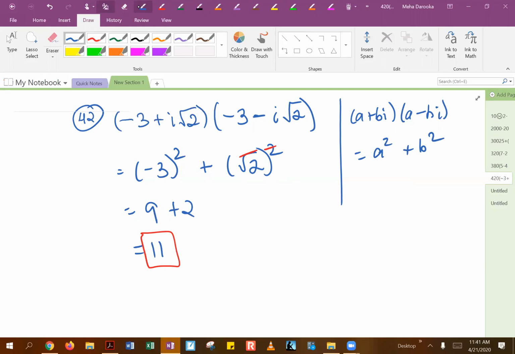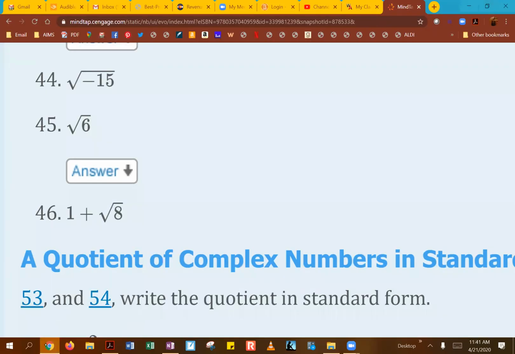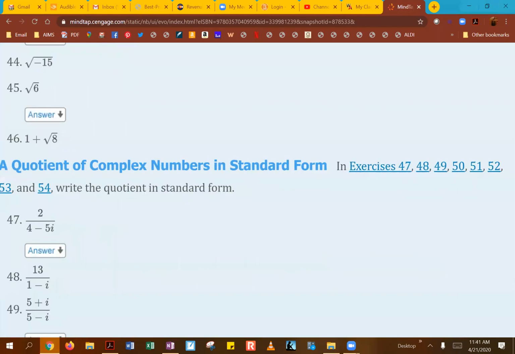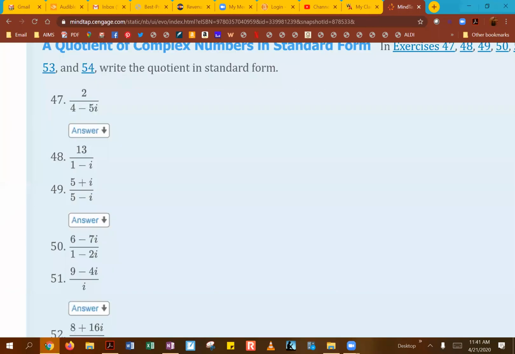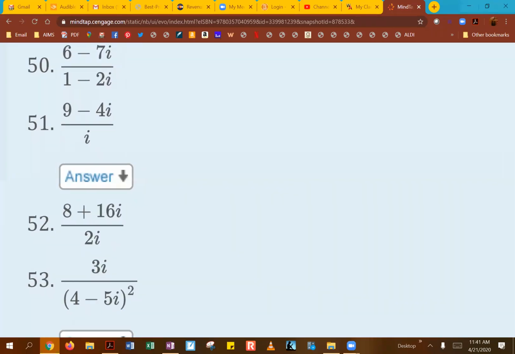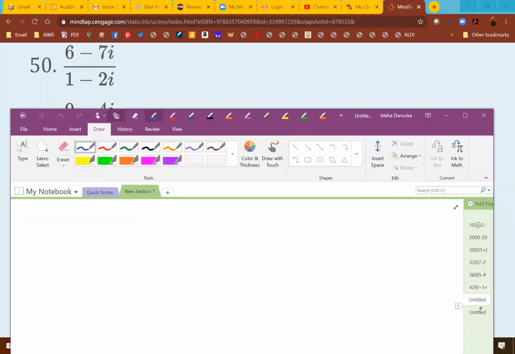Let's try an example for our quotient next. Here they're basically saying write the quotient in standard form, and we're looking at this problem over here, number 50. 6 minus 7i over 1 minus 2i.